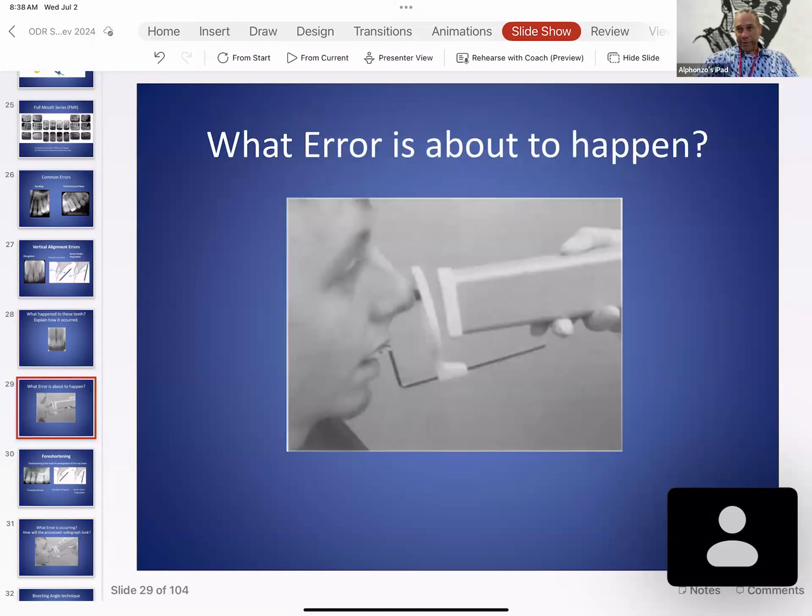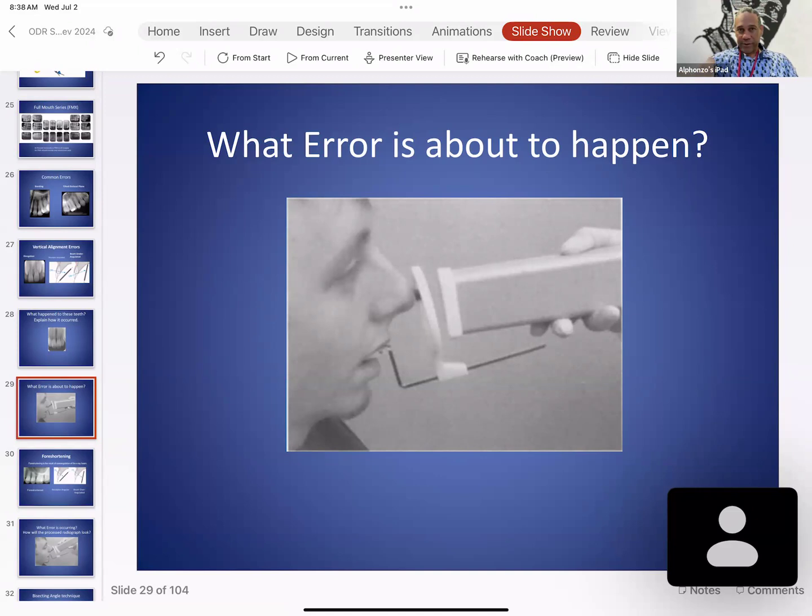So again, here is another problem with that angulation, and you can see here the central ray and the position of the PID, and how the operator is holding it in relation to the XCP. And you can see that the tip is not parallel. It's not meeting up with the ring, and there's an angle discrepancy there.